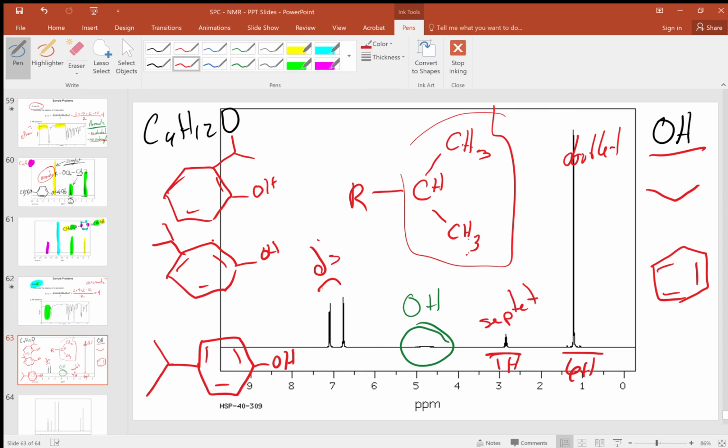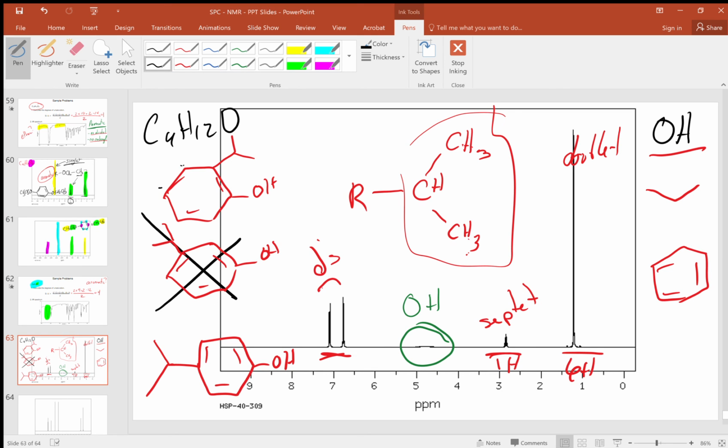So this middle one has this peak here in the middle, which would be a singlet. And given that these are both doublets, we know that's not correct. The one up on top would give us a doublet here and a doublet here.